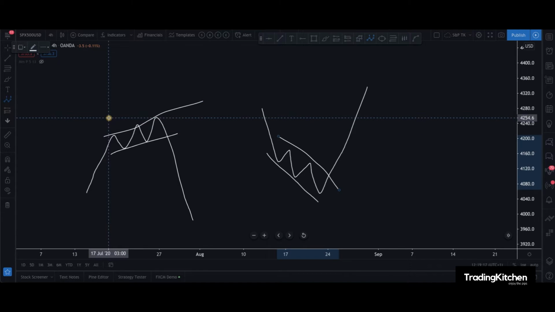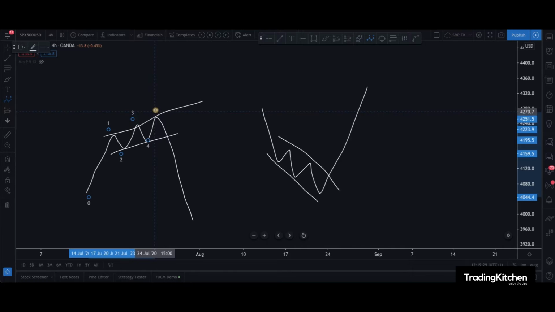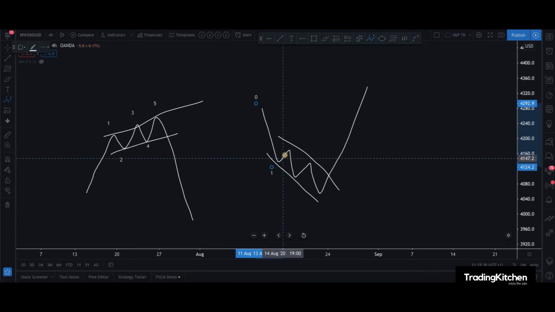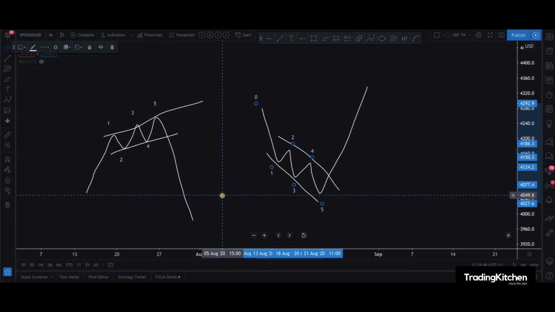So when we have a channel opposite to the impulse, we have 0 here. 1, 2, 3, 4 and 5. Same thing here. 1, 2, 3, 4, 5. At the 0.5 we open a trade.